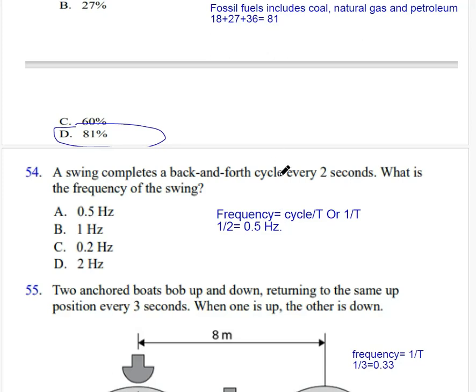Here it's one back and forth cycle every 2 seconds, so one cycle over 2 seconds. One divided by 2 is 0.5 hertz. So the answer here is letter A. Hertz is a unit of frequency.